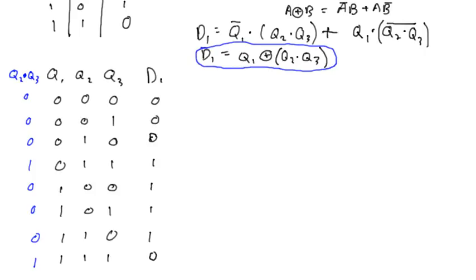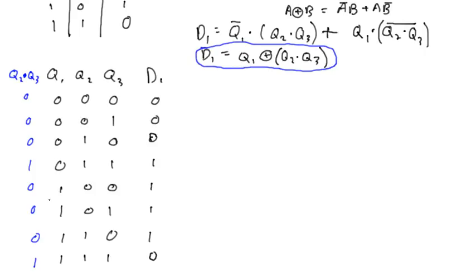And then D1 is presumably the exclusive OR between Q1, in other words, between these first 2 columns. So what I'm checking to see is D1, 1 if they're different and 0 otherwise. Same 0, same 0, same 0. So far so good.